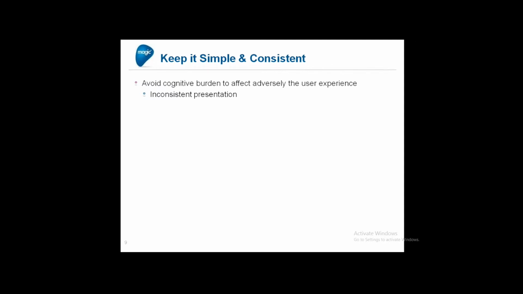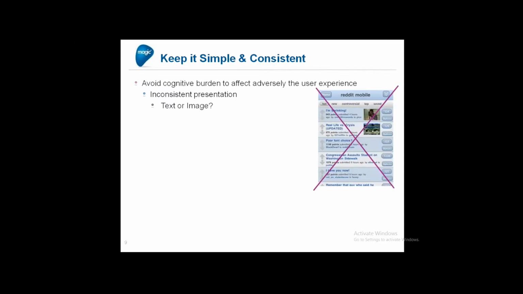And inconsistency in the presentation would be a bit of a burden, so try to avoid this type of information. The example on the screen is a very heavy screen, with very small buttons, that requires more of a reading type of application, probably useful for a desktop or a tablet, but an interesting choice in terms of mobile usage.